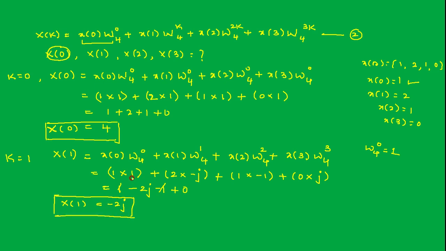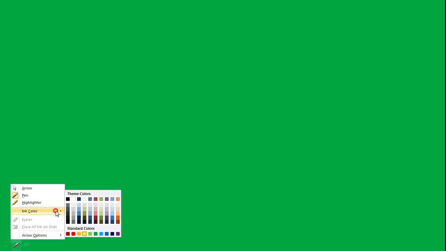So similarly we will calculate the next sample values in the DFT sequence, that is X of 2. How to calculate X of 2? We have to substitute k is equal to 2 in expression 2, right? I will rewrite the expression here just for ease of convenience.